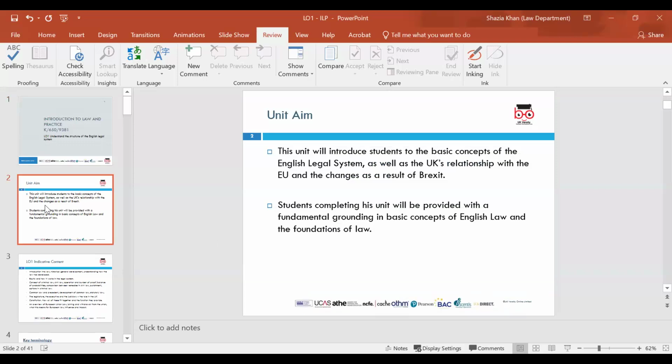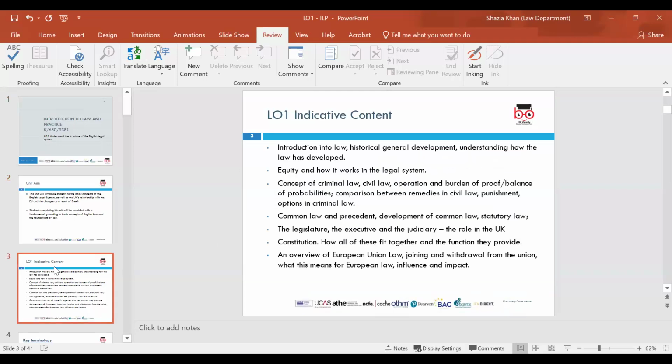So you're going to look at the foundations of the English legal system. The indicative content for learning outcome 1 is to look at the introduction to the law and historical developments, how the law was developed, because that's really important before we can identify areas of law, equity and how it works in the legal system, the concept of criminal law, civil law, burden of proof, and balance of probabilities.